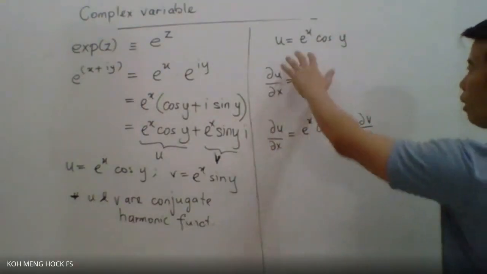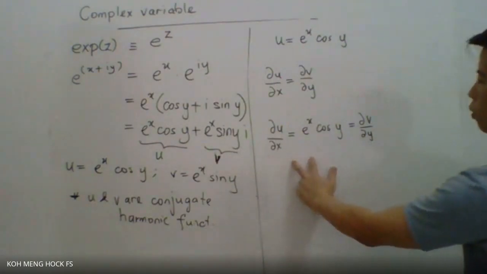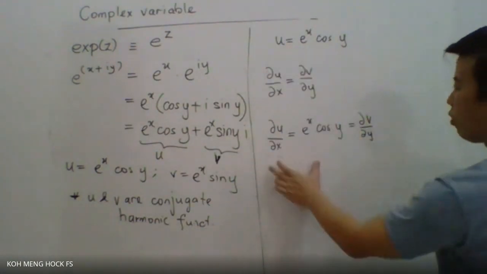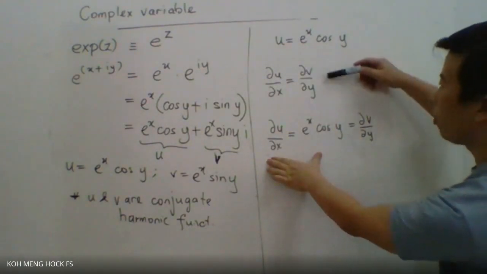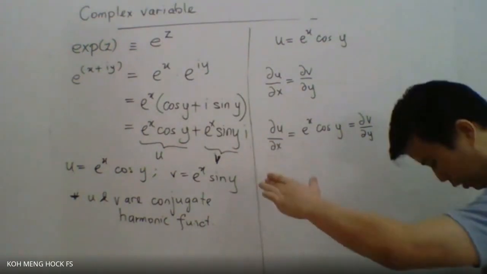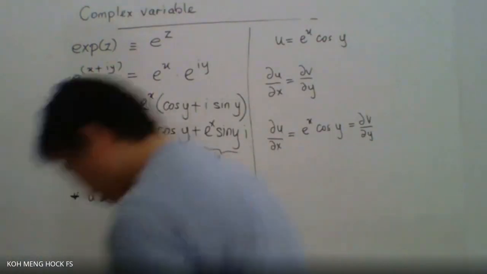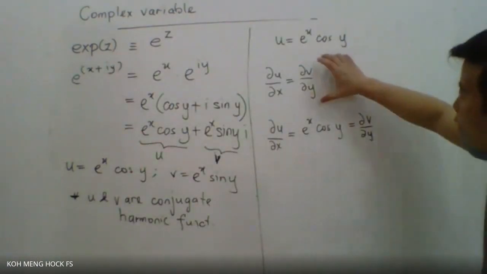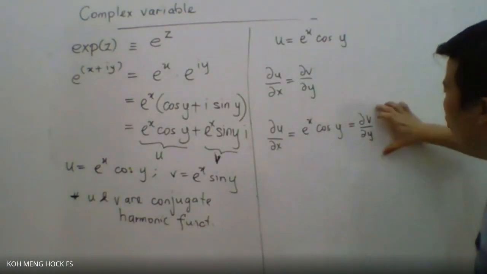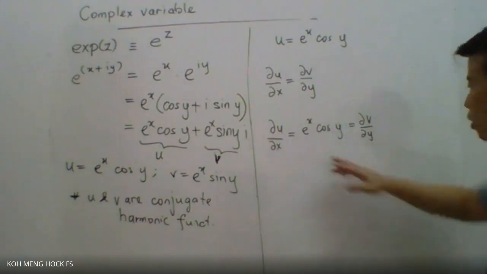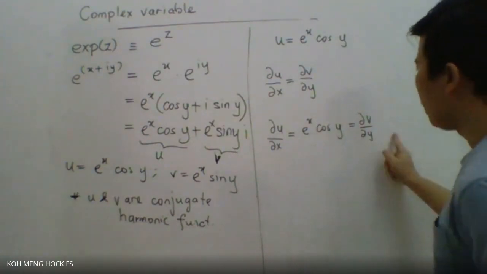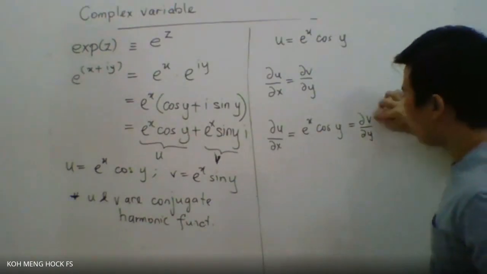So first, you take the derivative of this with respect to x, because we want to use the Cauchy-Riemann condition, and then you will know that this is equal to the partial derivative of v with respect to y. Now we go to this one. This time I want to find what v is. What do I do?